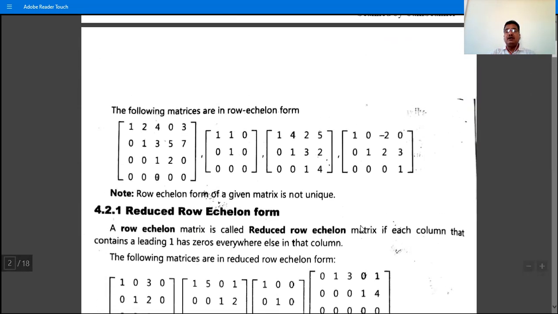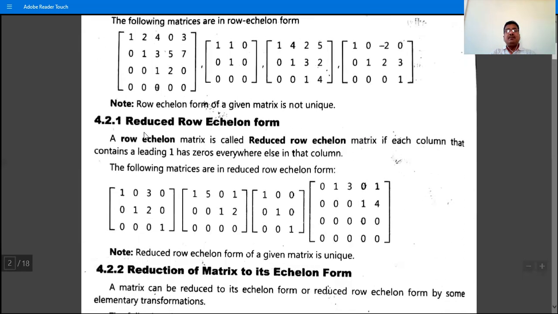So what is the fourth condition? First the matrix is in row echelon form, and the fourth condition is: each column that contains a leading one has zeros everywhere else in that column.